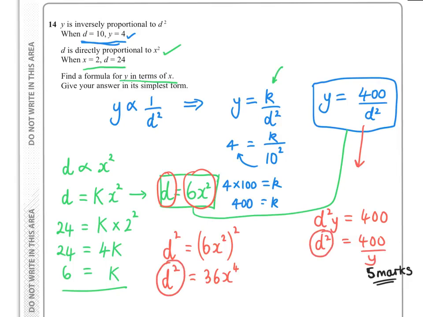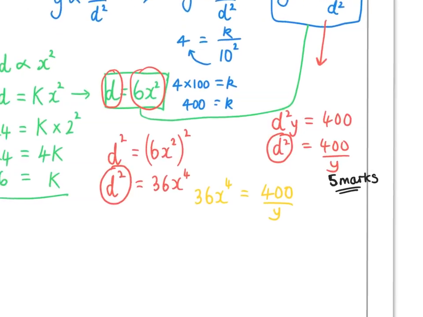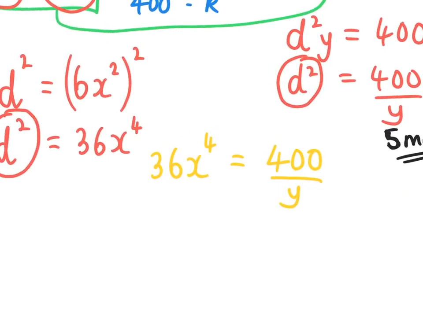So what we can say from this is that 36x to the power 4 must be equal to 400 over y. Now, from this, we can easily find y in terms of x. So make y the subject. We can times both sides by y. And then we can divide both sides by 36x to the power 4.